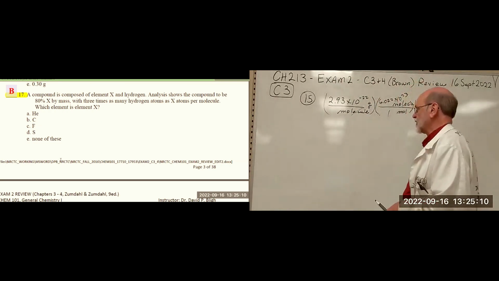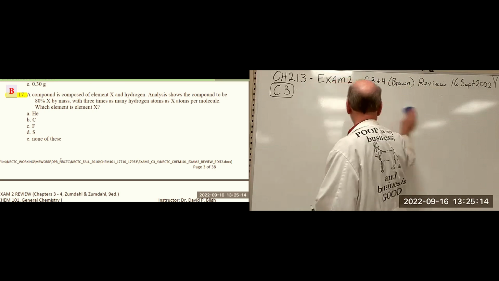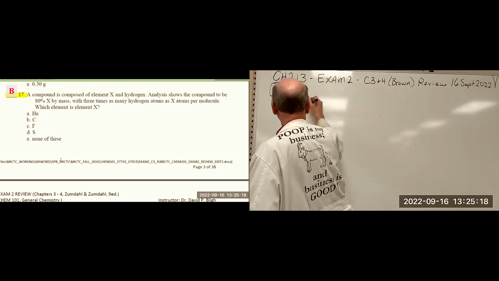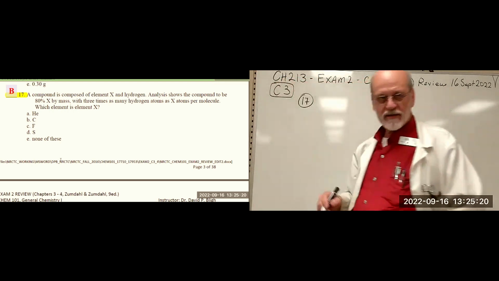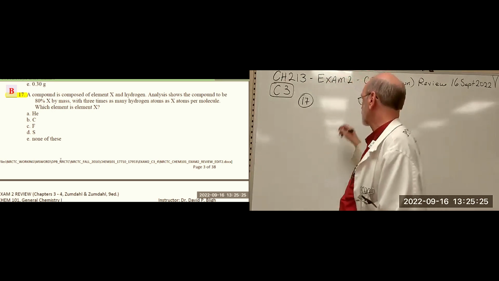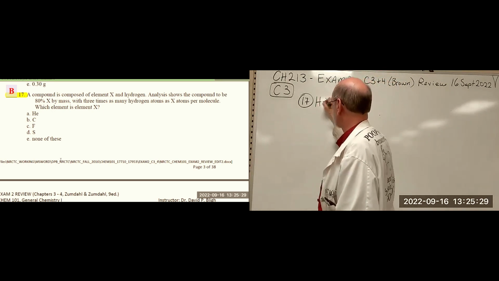Okay, well, this one's worth stopping at, number 17. Takes a little thinking. See if I can do it. All right, what are we given? A compound is composed of element X and hydrogen. And I bet it's hydrogen first.